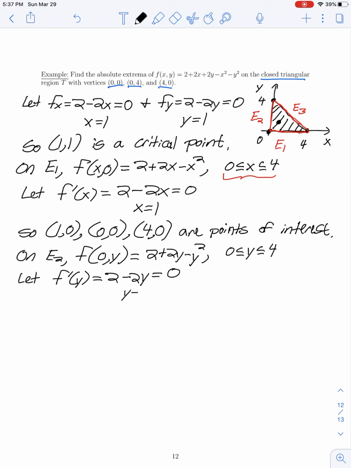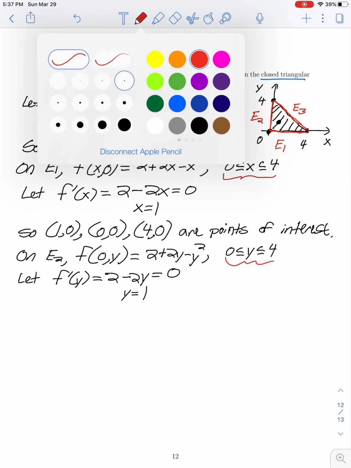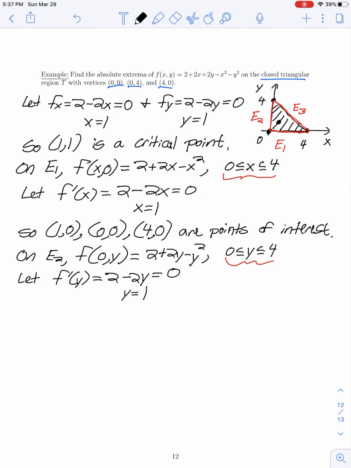So to maximize or minimize this function of a single variable y, as we did with the first edge, we would set the derivative of our function, which is 2 minus 2y, equal to 0, and we find y would have to be 1. Or again, if we are considering as well the endpoints of our interval, when y is 0 or 4, we get a total of 3 points of interest.